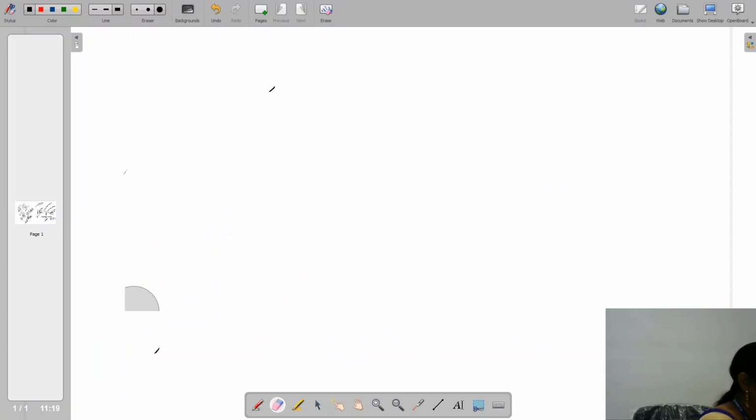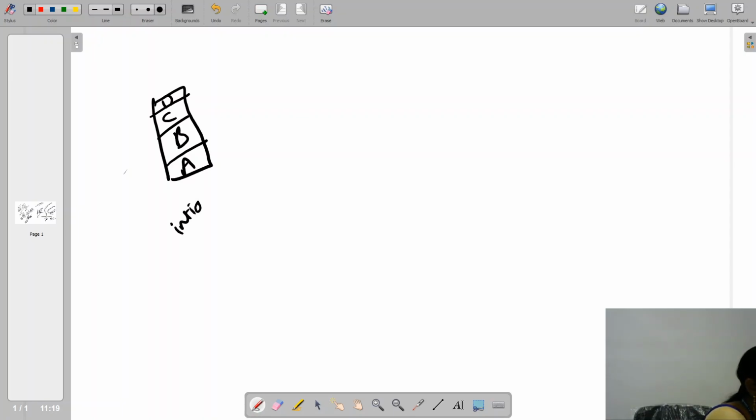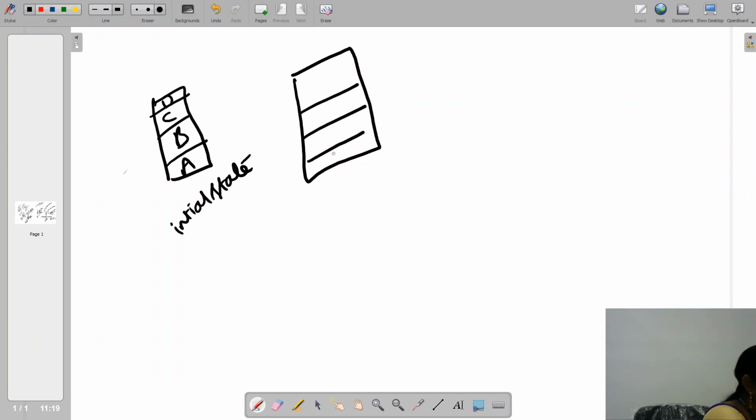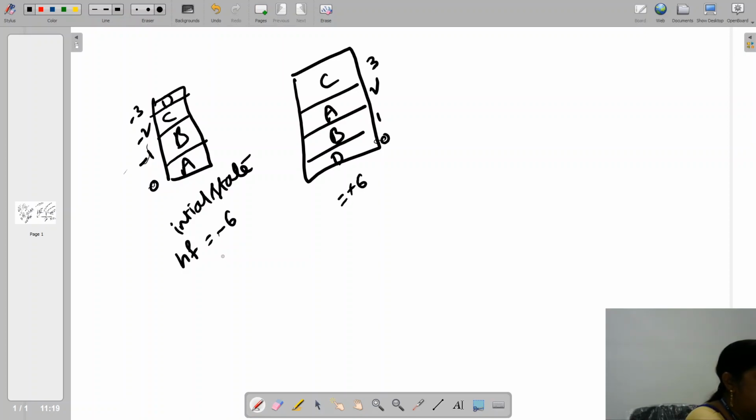For example, here I have the blocks A, B, C, D. This is my initial state, and my goal state is D, B, A, C. How to apply hill climbing? First calculate 0, -1, -2 and -3, and this is 0, 1, 2, 3. So the heuristic function for this is -3, -2, -1, that is -6. And here it is +6. I need to move from -6 to +6.